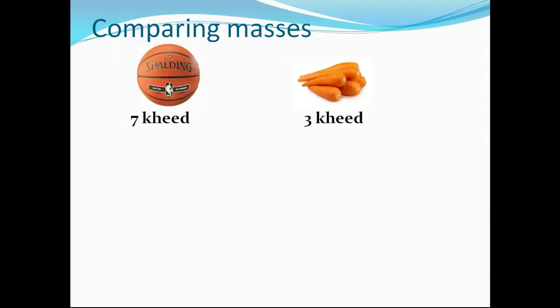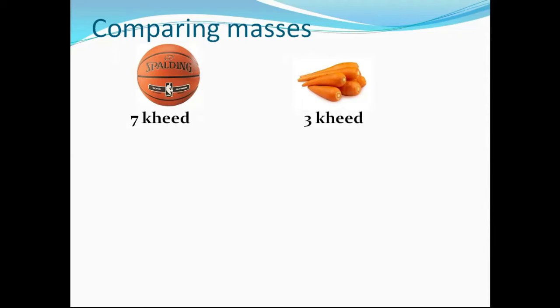Okay, good. Next, we have a basketball and we have a carrot. Now let's compare the masses of these two objects. The basketball has 7 kg and the carrot has 3 kg.